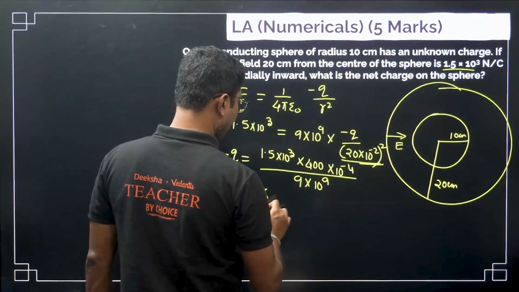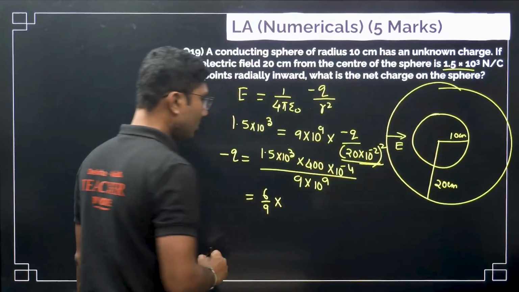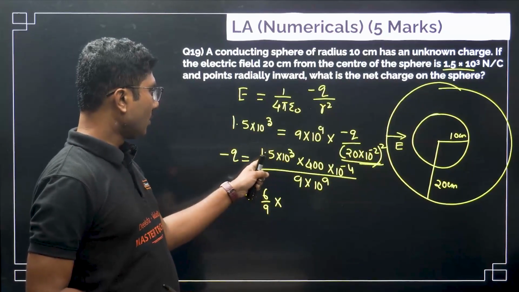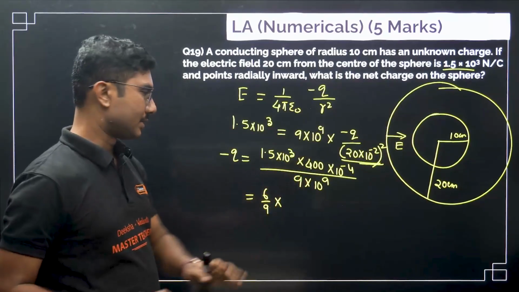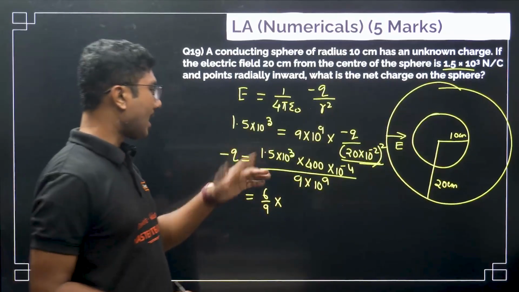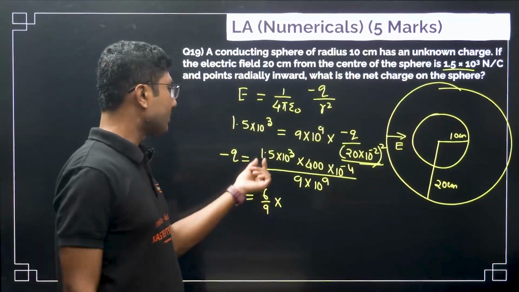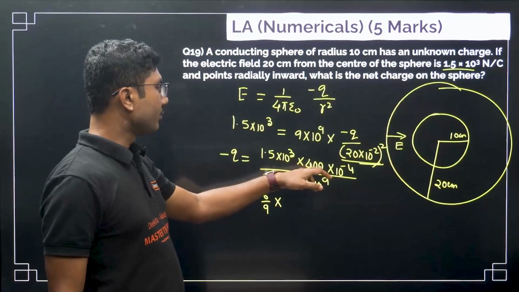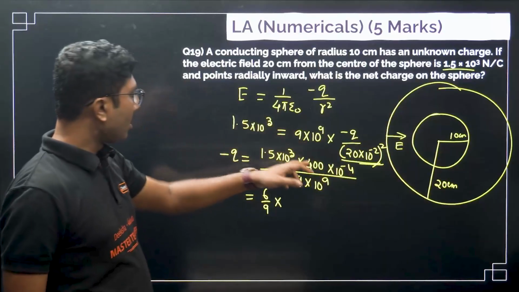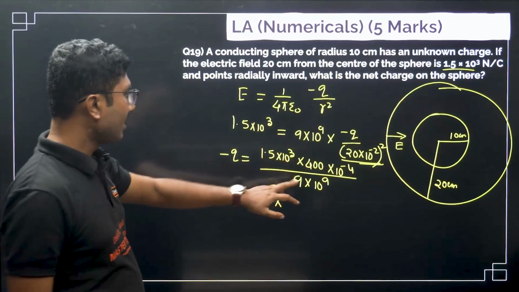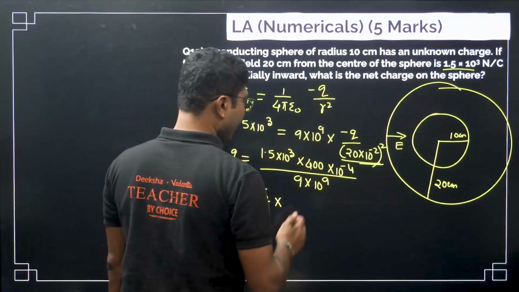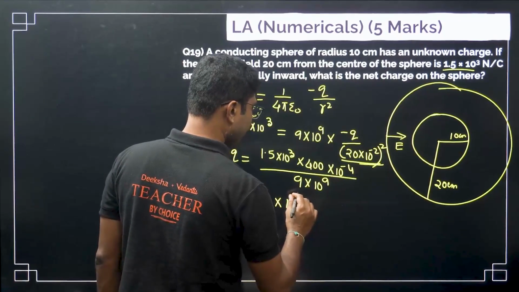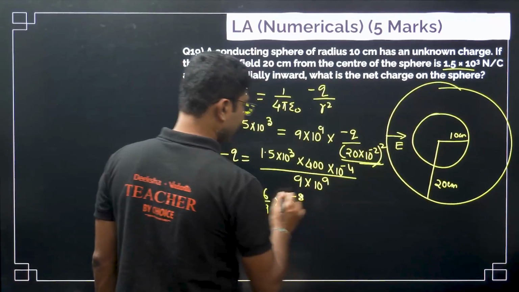6 by 9 into... 1.5 into 4 is 6. You can use a calculator, but I don't like to use a calculator. So 1.5 into 4 is 6, so that's why 6. So 2 zeros, minus 2 plus 1, and it goes up, so it will be minus 10, no, minus 8.